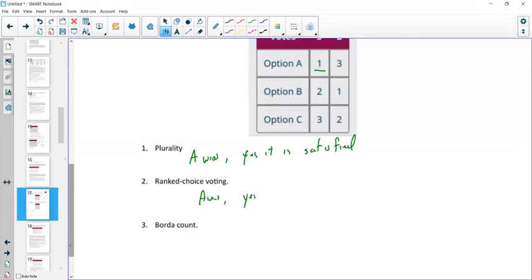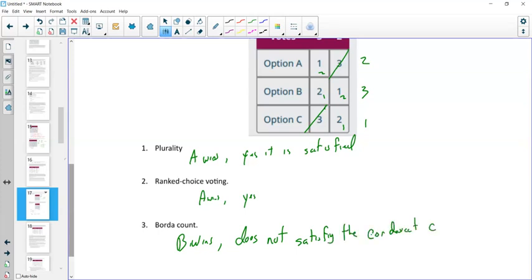How about Borda count though? So 3 gets nothing. 2 gets 1. And 1 gets 2. 2, 3, 1. B wins. And it does not satisfy the Condorcet criterion.